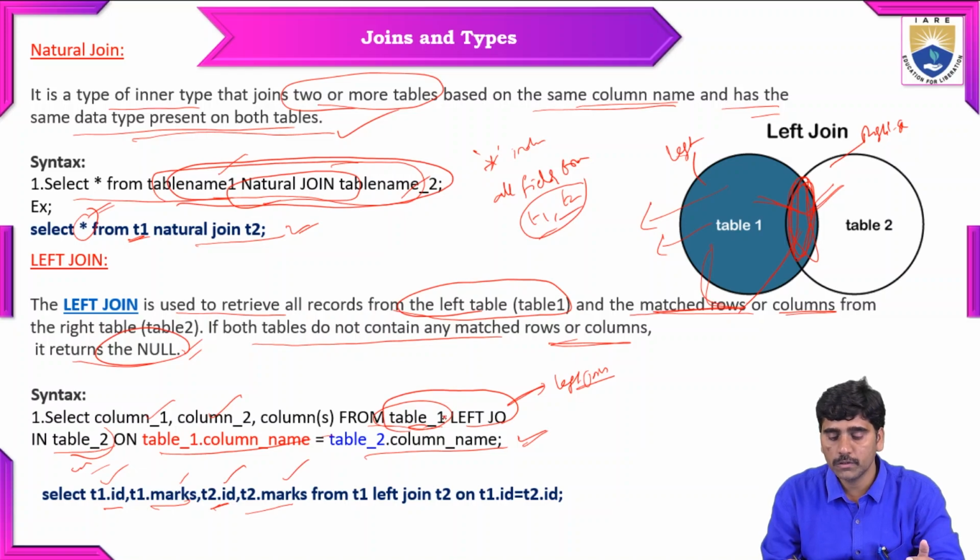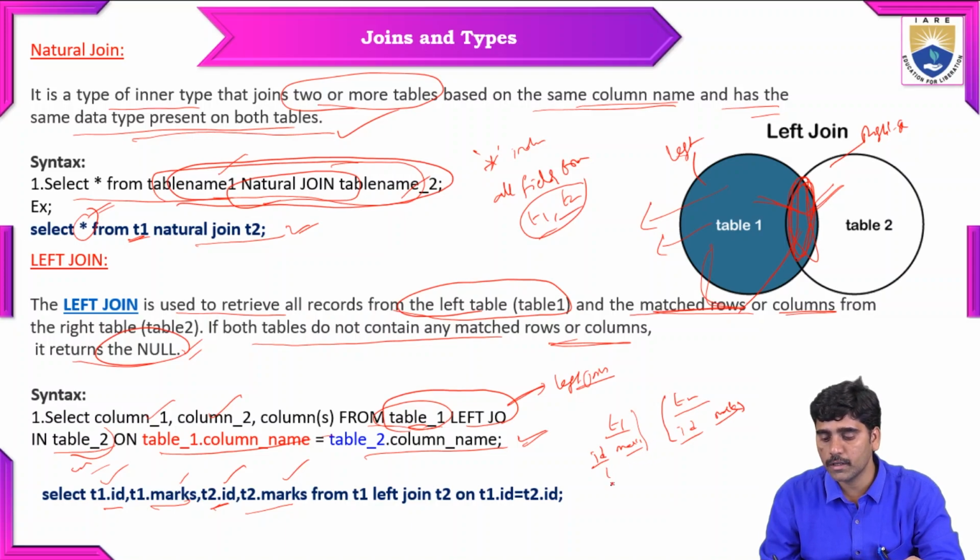So I am going to retrieve table 1 dot id, table 1 dot marks. Table 1 contains id and marks. Similarly, table 2 contains id and marks. From these two tables, it joins table 1 and table 2 and performs the operation.